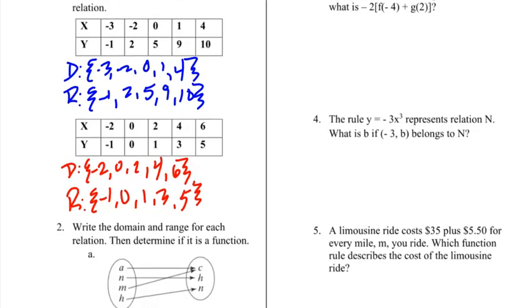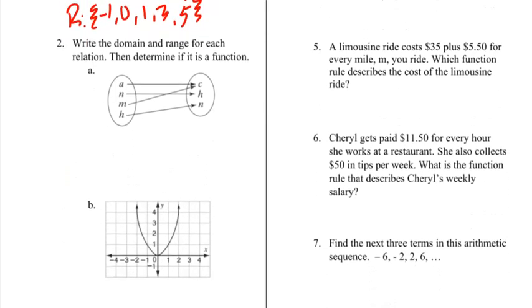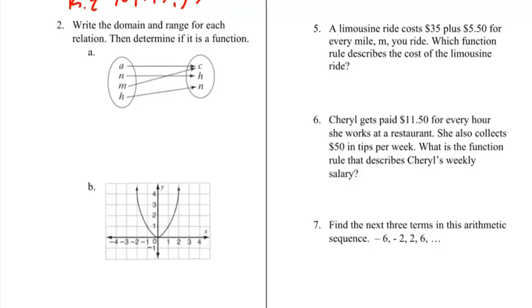Question 2. Here we want to write the domain and range for each relation. So I got two relations here. One's a mapping diagram and the other one's going to be a graph. And then we want to determine if it's a function. So first off, the domain. Again, the domain is just our independent variable. And so this would be this mapping circle.